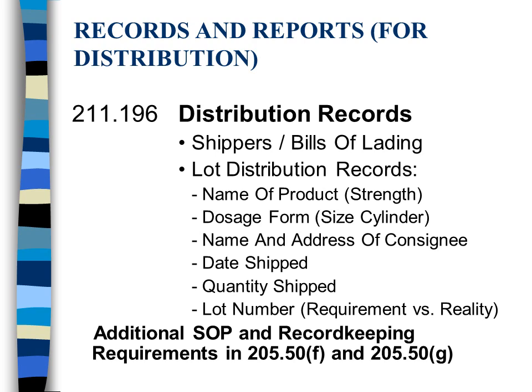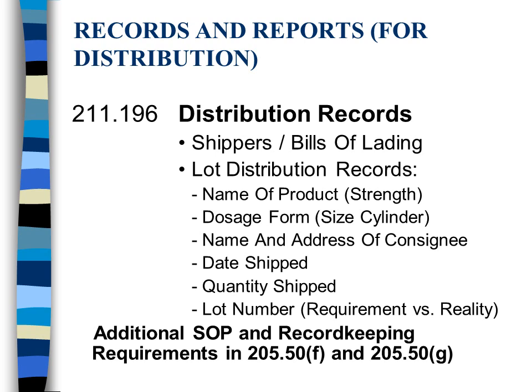Now, if you review your delivery tickets for your cylinder gases and your delivery tickets for your medical fills, whether they be nitrogen or oxygen, you will notice that it has the name of the product, which is oxygen USP or nitrogen NF. It has a dosage form, which is your size of cylinder. It has a complete name and address of the consignee, the person that you're delivering it to. It has the date that it is supposed to be shipped.